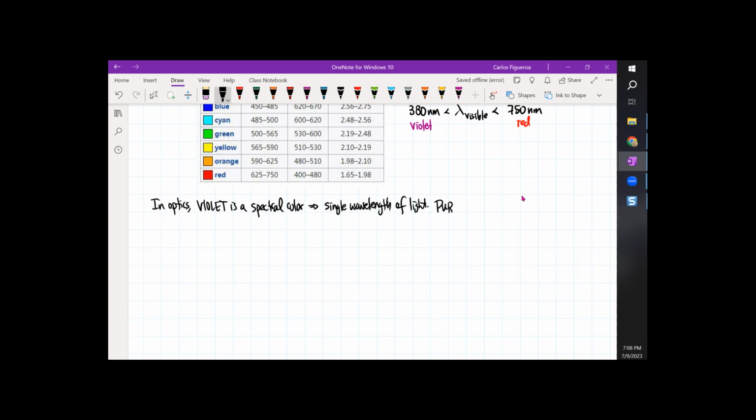Purple is a color of various combinations of red and blue.